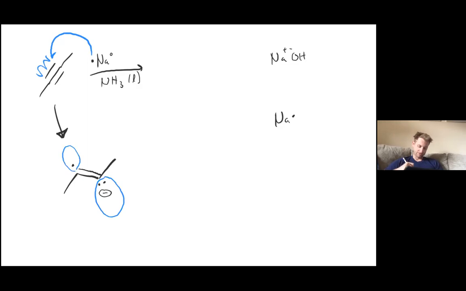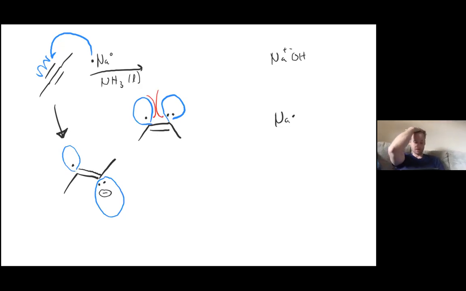If we put it into a cis configuration, they're going to repel each other. So we want them to be facing opposite directions in order to alleviate that. So this will not form. We're only going to get this trans conformation here.